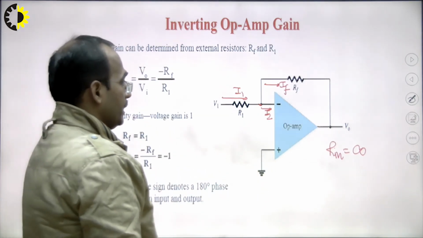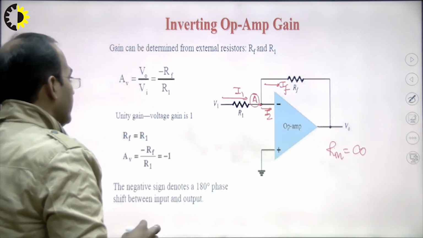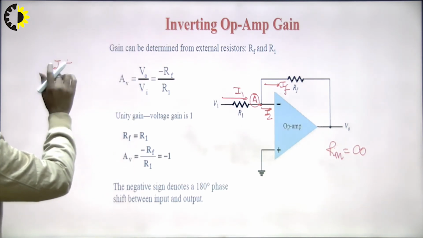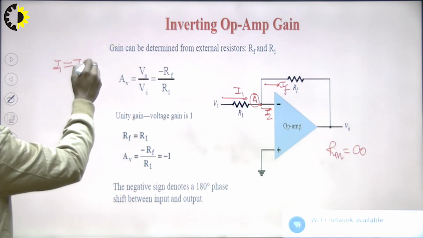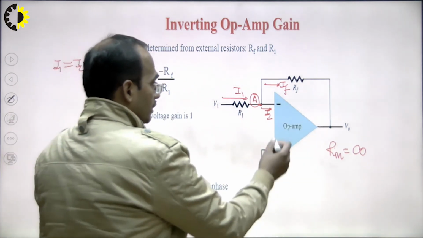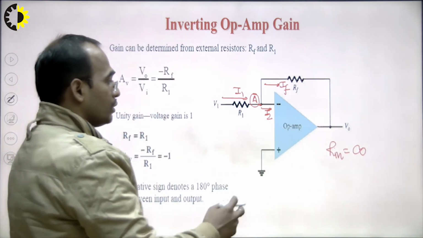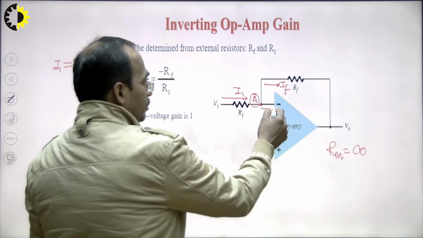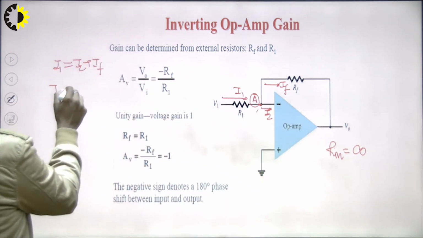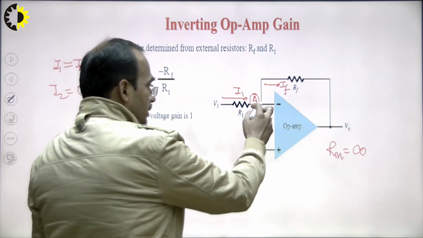When I apply KCL at this node, I get I1 is equal to I2 plus IF. Here the input resistance Rn is infinite, so no current will flow through this branch. So, if Rn is infinite, I2 will be equal to 0. So, what will be the potential at this terminal?